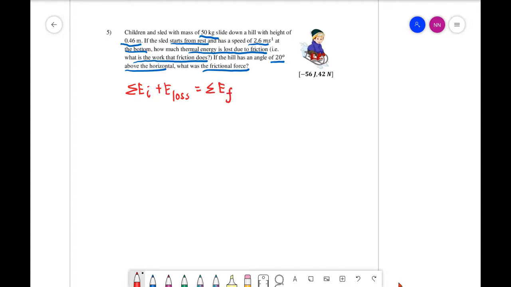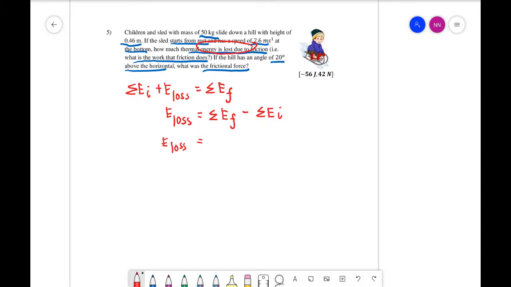Because the question wants the energy loss due to friction, we can make energy loss the subject. So energy loss equals total energy final minus total energy initial.